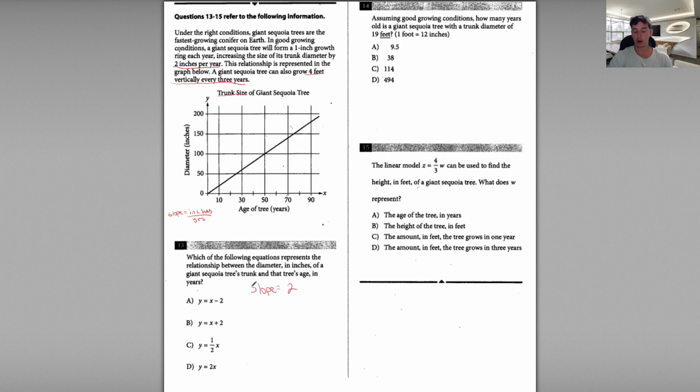The first thing I always check is whether the relationship is positive or negative, and I know it's a positive relationship because as x increases, y increases. So none of the slopes are negative, so I cannot cancel any of the choices. But I know that the slope is 2, so D is the right one. And also the y-intercept is 0, so b equals 0. So I know y equals 2x plus 0, which is only 2x.